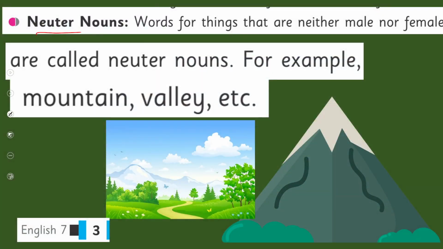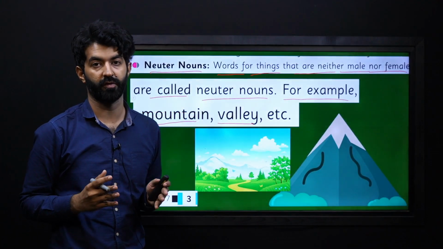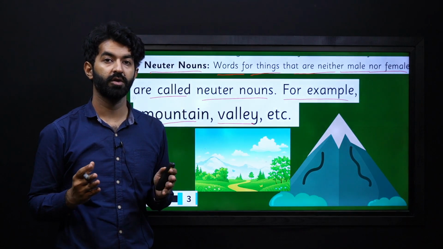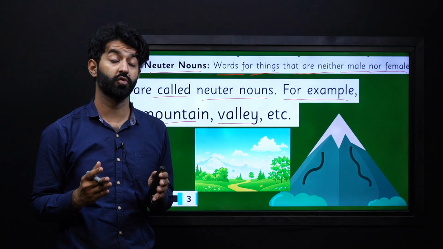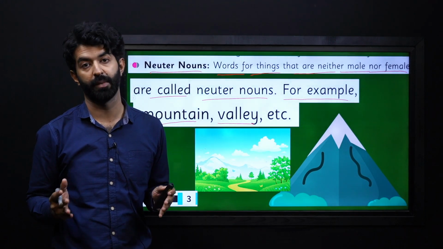Neuter nouns are words for things that are neither male nor female. For example, mountain, valley. We cannot associate any gender with these kinds of nouns, so we do not refer to them as masculine or feminine.